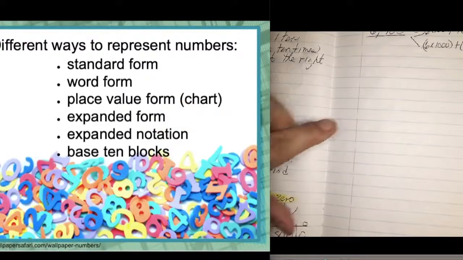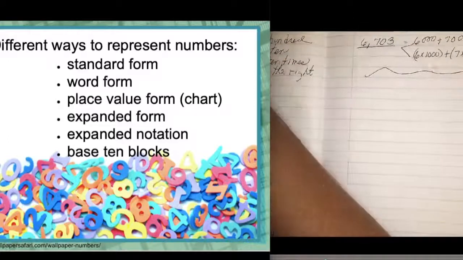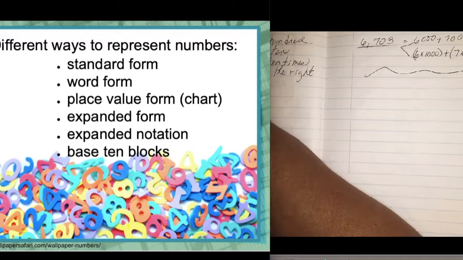Okay, so let's continue. And we're going to look at some more definitions. We're going to look at different ways to represent numbers. We're going to look at standard form, which is just a good old-fashioned number. We're going to write and spell out numbers in word form. We're going to place these digits in a place value chart.